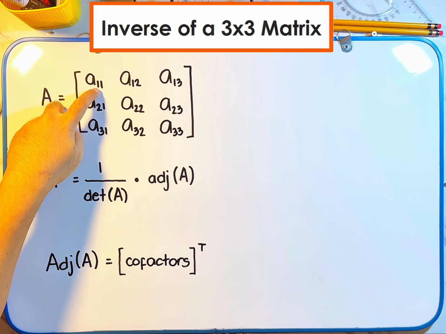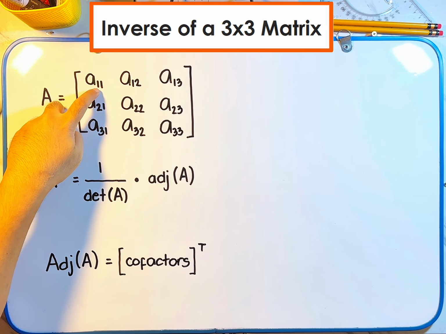3 times 0 times 1, that's 0. Plus 0 times negative 2 times 0 is still 0. Plus 2 times 2 times 1, that's 4. Minus, multiply diagonally upwards. 0 times 2, that's 0, plus 1 times negative 2 times 3, that's negative 6, plus 1 times 2 times 0, still 0.